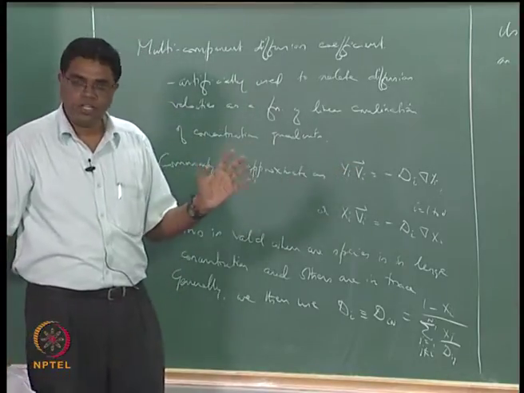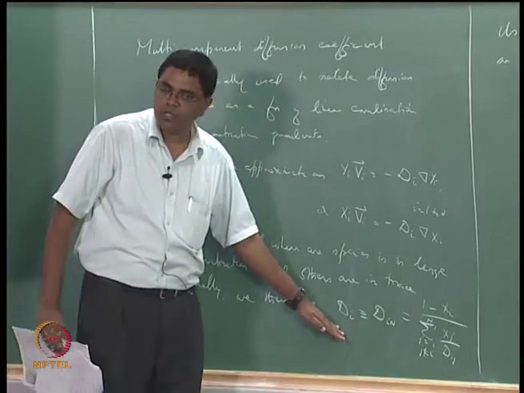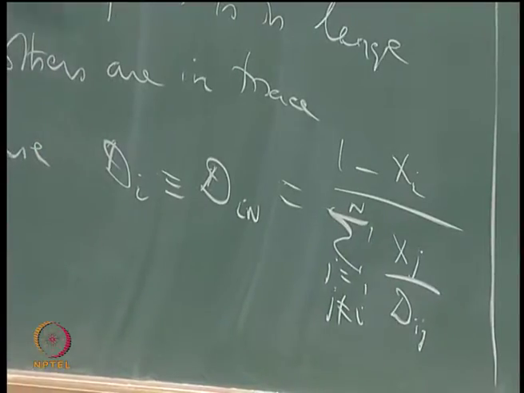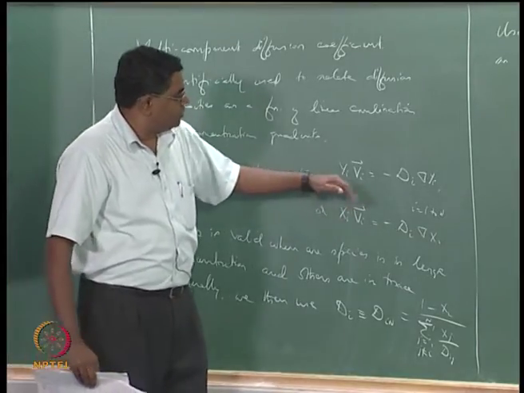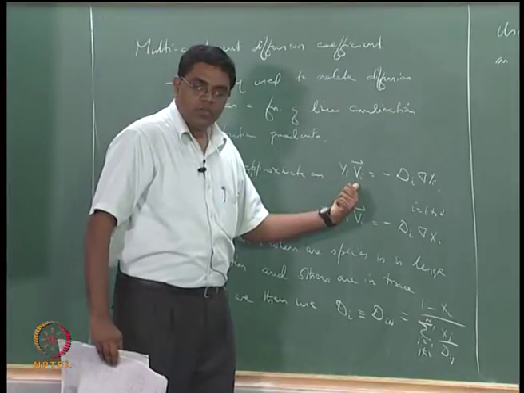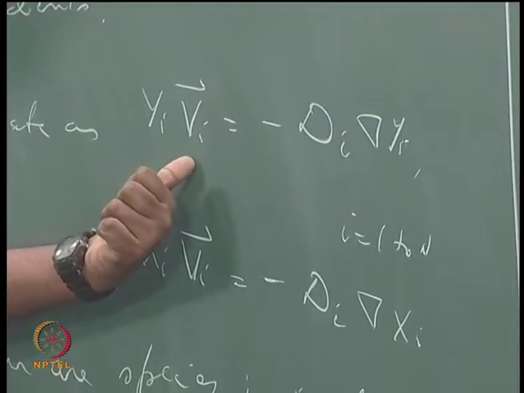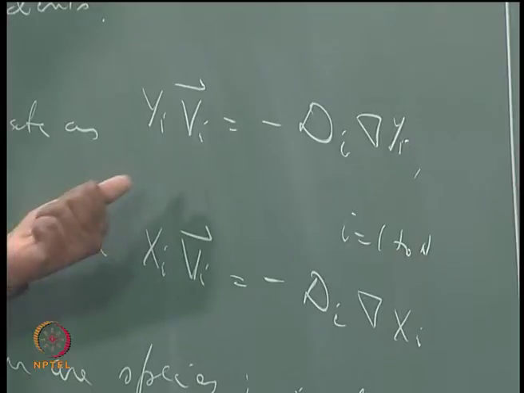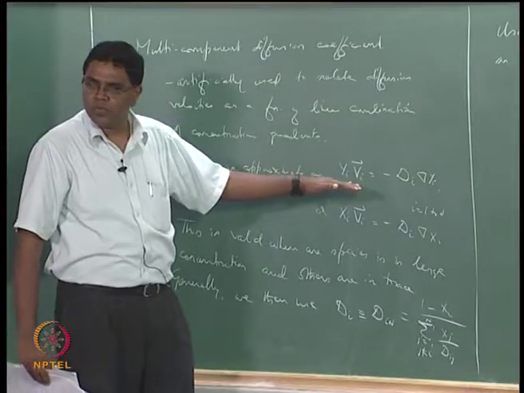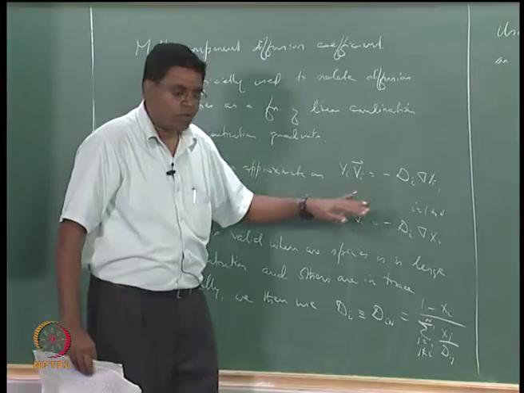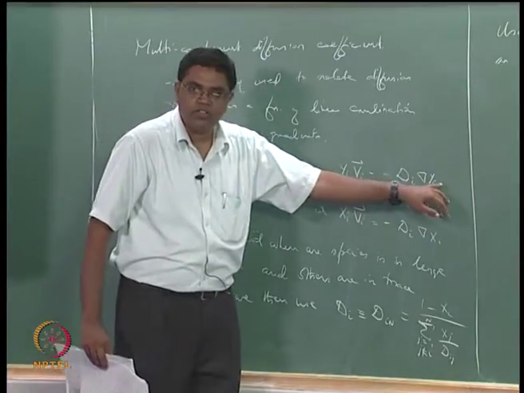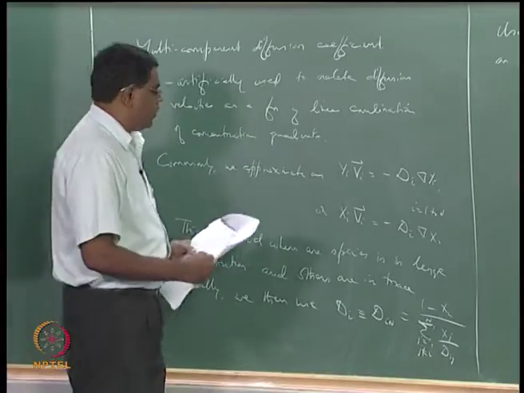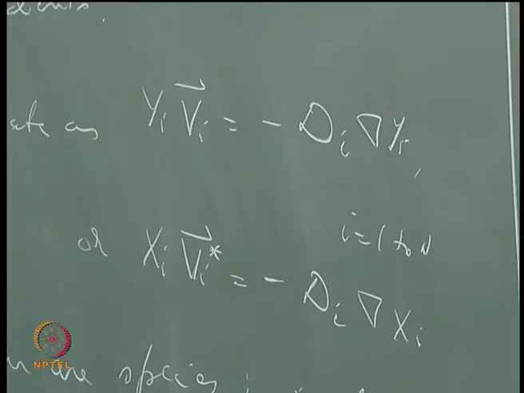Therefore, if you are going to use this kind of multi-component diffusion coefficient, and correspondingly express the relationship between the diffusion velocity of the species and its concentration gradient as simply a Fick's law, that is what we are trying to do. We are trying to get this form for relating your Vi stars to gradient Xi's.